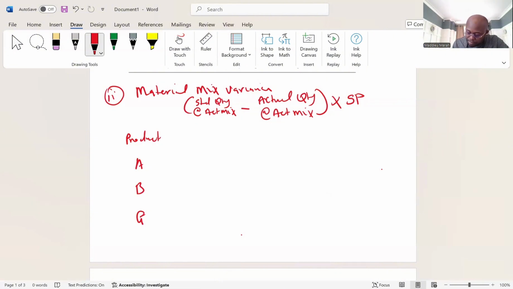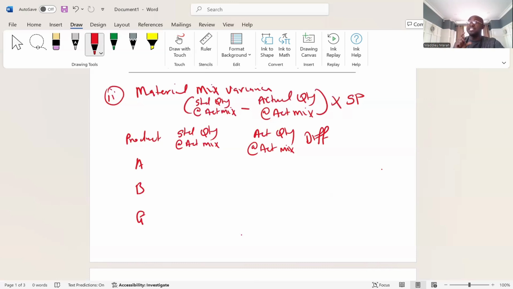And I'll bring my standard quantity at actual mix. And I have my actual quantity at actual mix. Then I will bring the difference here, the difference between the standard quantity at actual mix and the actual quantity at actual mix.